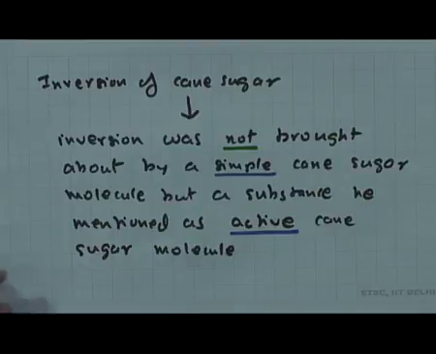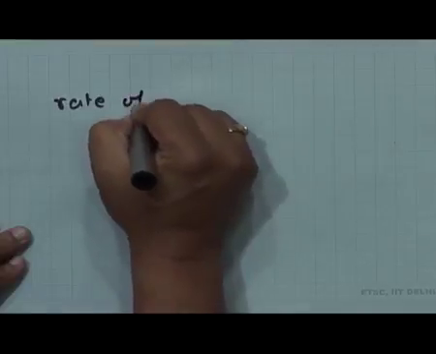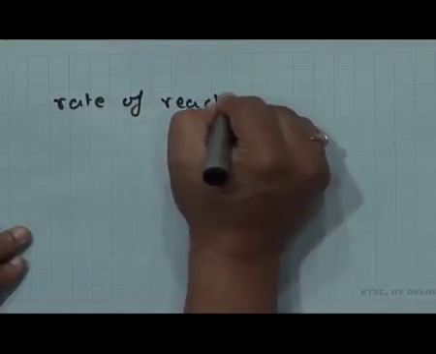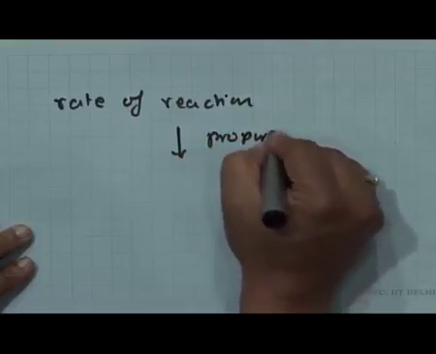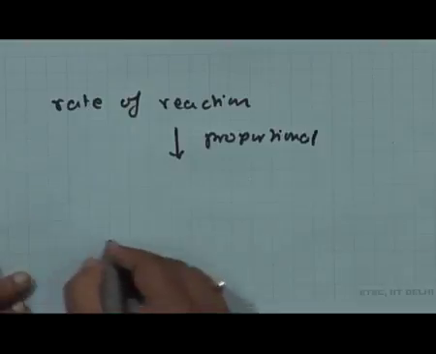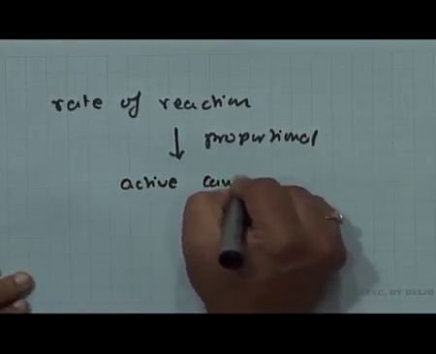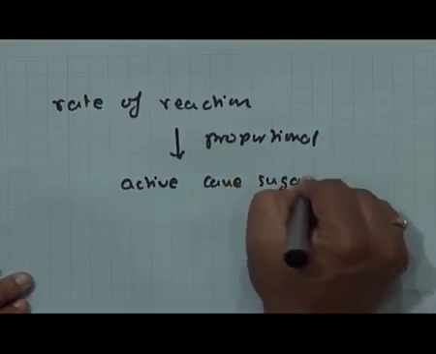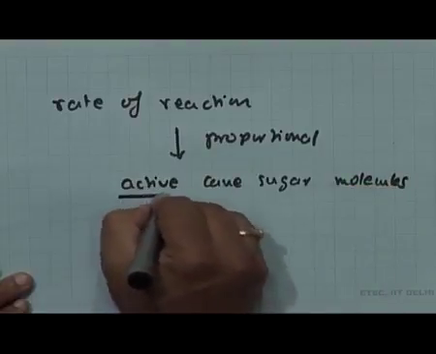And it goes without saying that the rate of a reaction is proportional to the concentration of active molecules. So, if I write, he said that the rate of reaction is proportional to these active cane sugar molecules, right.